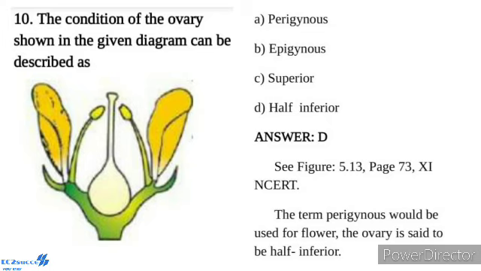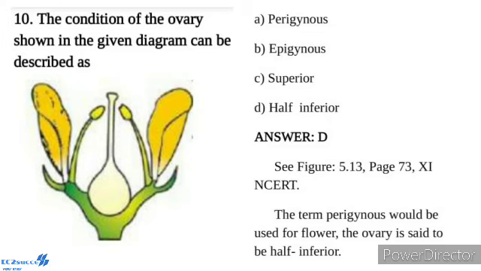If gynoecium is situated in the center and other parts of the flower are located on the rim of the thalamus almost at the same level, it is called perigynous. The ovary here is said to be half inferior. Example plum, rose, peach, etc. In epigynous flowers, the margin of thalamus grows upward, enclosing the ovary completely and getting fused with it.